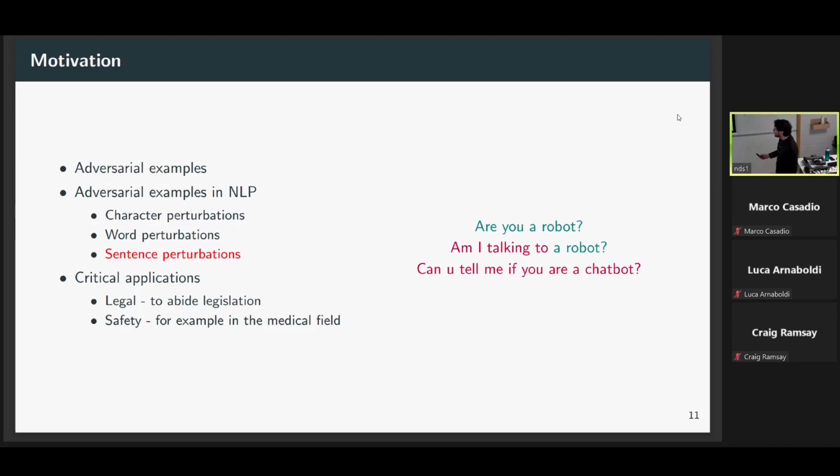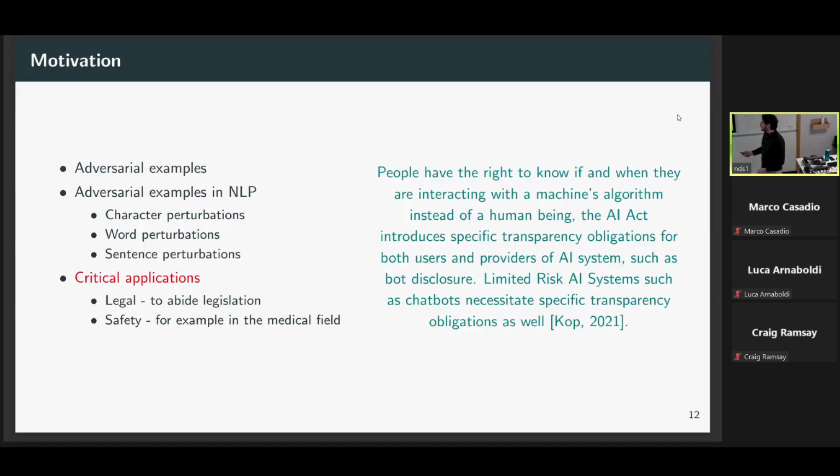Now, why do we care about that? Well, there are some critical applications. On the legal side, for example, there are laws that say if a chatbot is asked, it cannot deceive the user. So it needs to abide by the law and recognize the intent, and when it detects that, it can say, yes, you're talking to a bot and not a human.